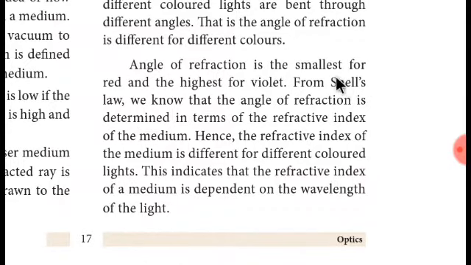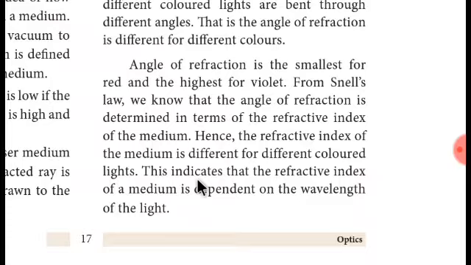Okay, going on. From Snell's law, we know that the angle of refraction is determined in terms of the refractive index of the medium, that is mu 1 and mu 2, which we represented in Snell's law.